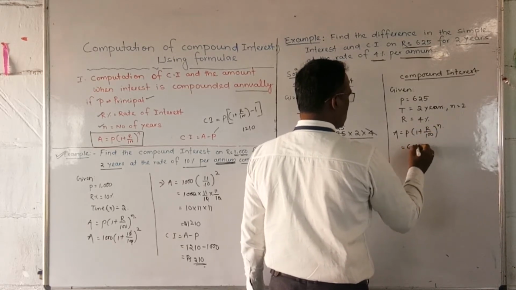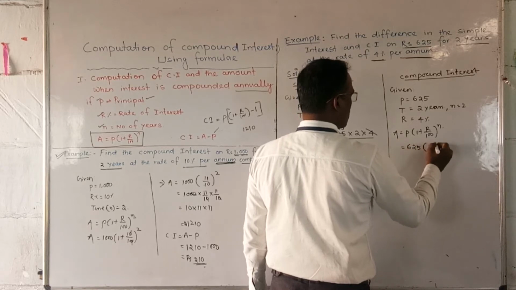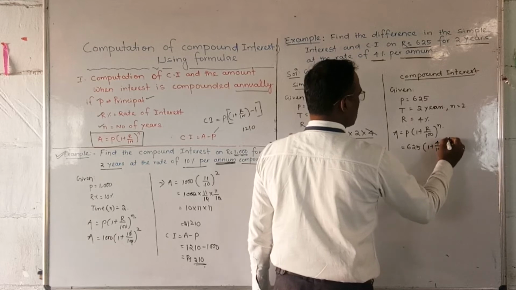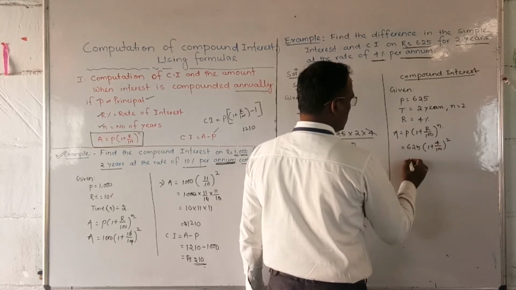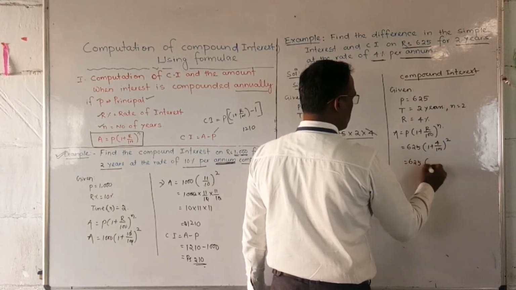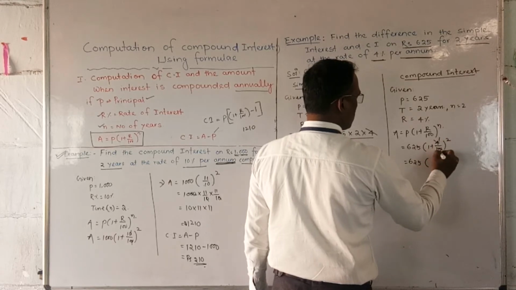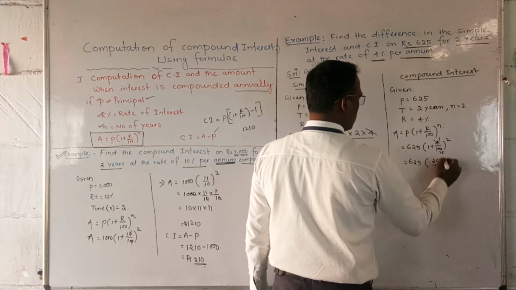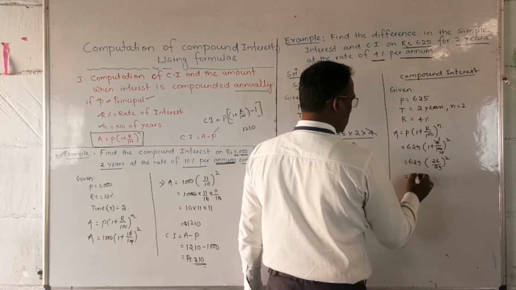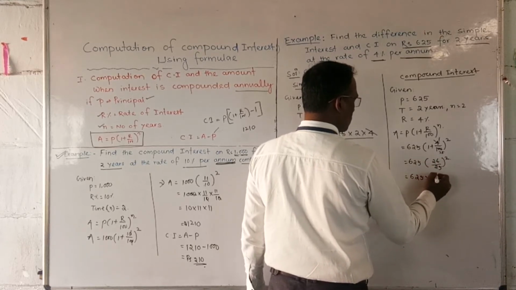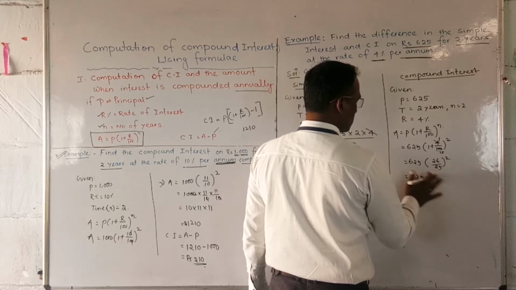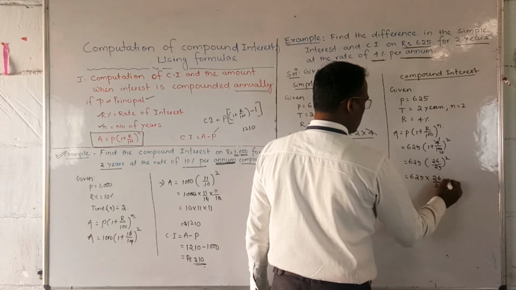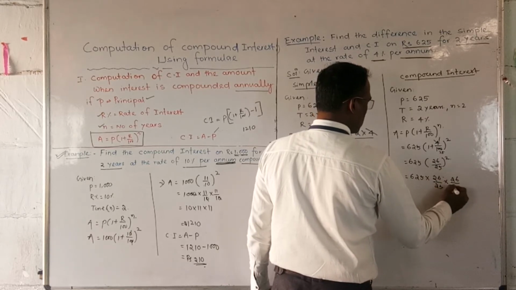Is equal to principal, how much? 625, 1 plus rate of interest 4 by 100 whole power 2, is equal to 625 into, if you look at 25, so 26 by 25 whole square. 625 into 26 by 25 into 26 by 25.